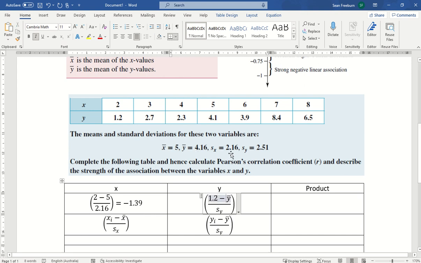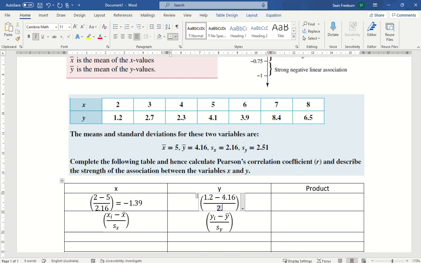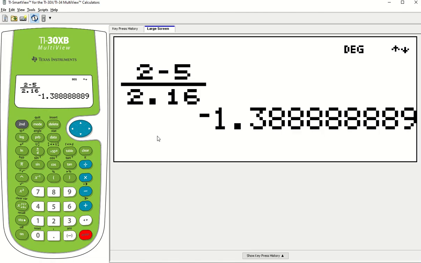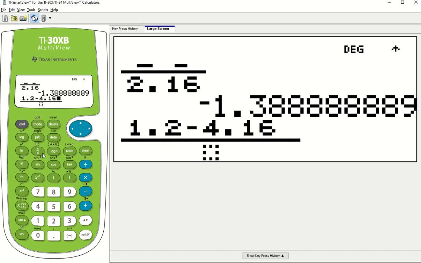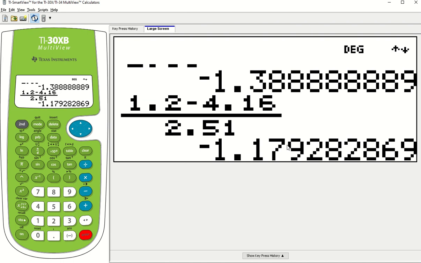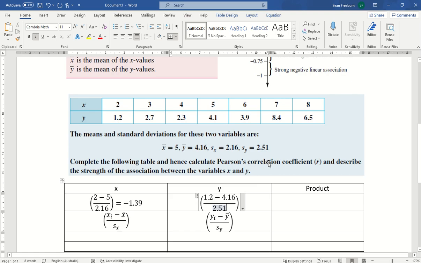The Y average is 4.16, and the standard deviation of Y is 2.51. So in my calculator, I would type 1.2 take 4.16, divided by 2.51. And that gives me an answer of -1.17, which will round to -1.18.